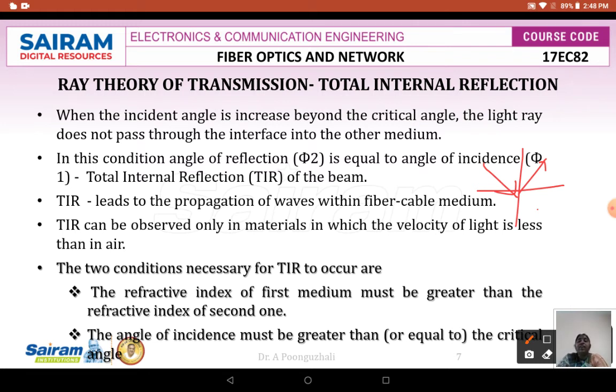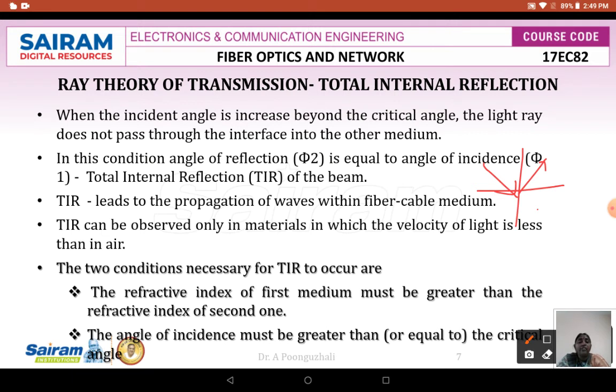Here we can observe total internal reflection in materials where the velocity of light is less than in air. There are two conditions required for total internal reflection to take place. First, the refractive index of the first medium must be greater than the refractive index of the second one.